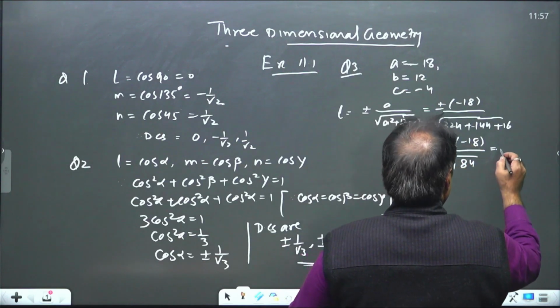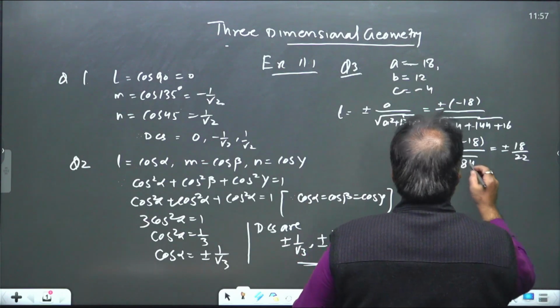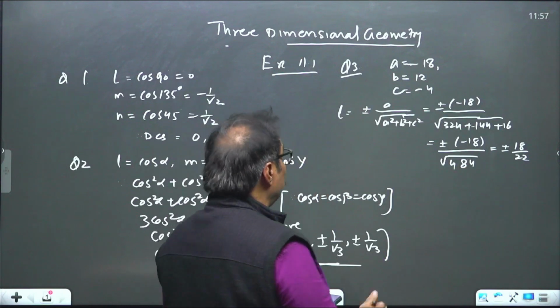So this will be equal to plus minus 18 upon 22. This is the value of root over a square plus b square plus c square that we will use.